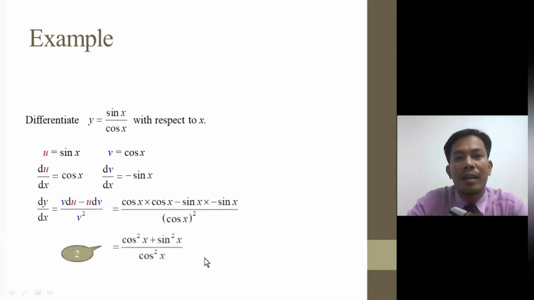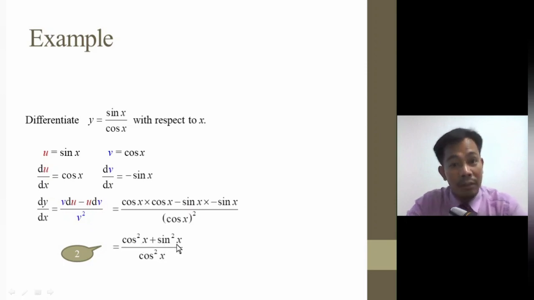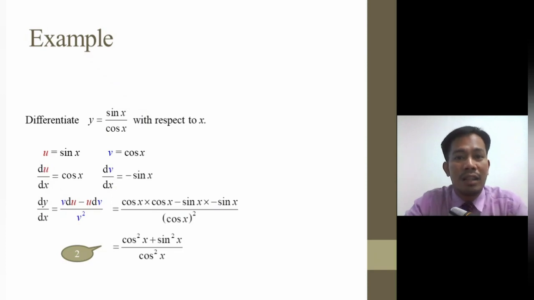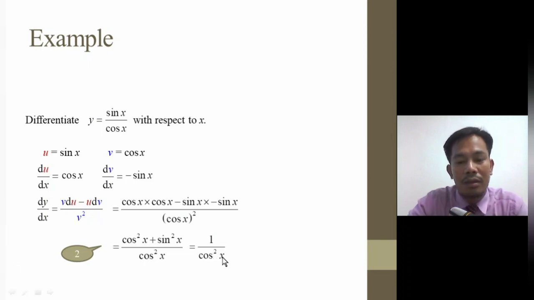There. And notice that cosine squared x plus sine squared x is what value? The value of that is 1. From your trigonometric identities, 1 is equivalent to sine squared x plus cosine squared x. So this will be 1 over cosine squared x. And 1 over cosine is secant, but there is a square, so it will become secant squared x.